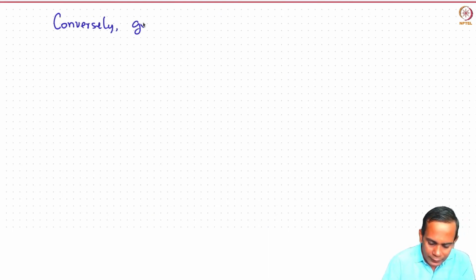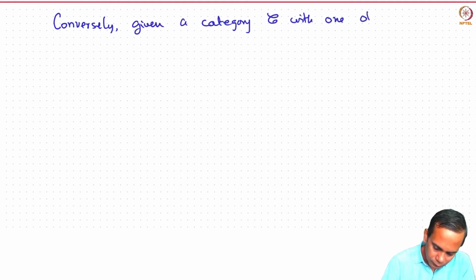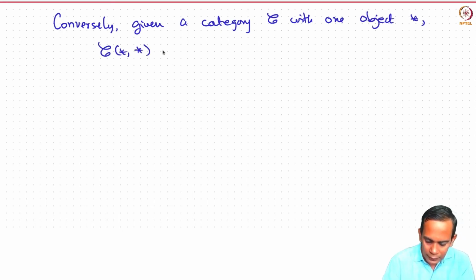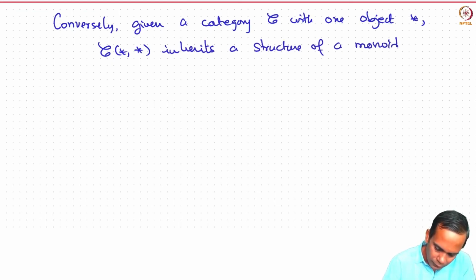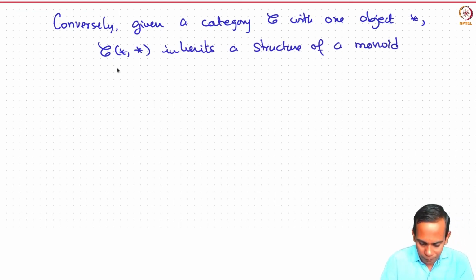And conversely, given a category with one object, let's call it star, C(star, star) inherits the structure of a monoid by using the composition law.